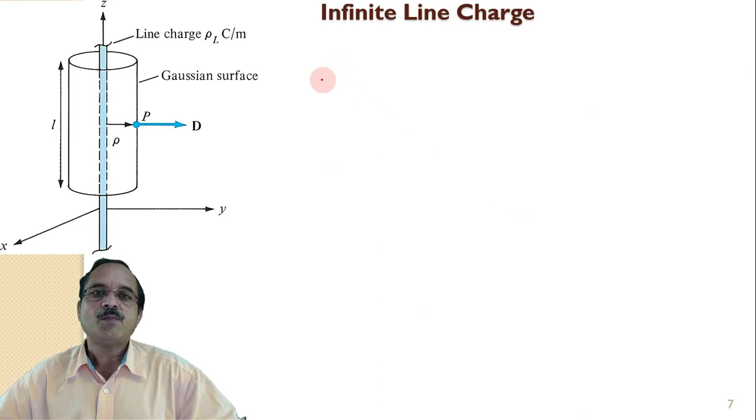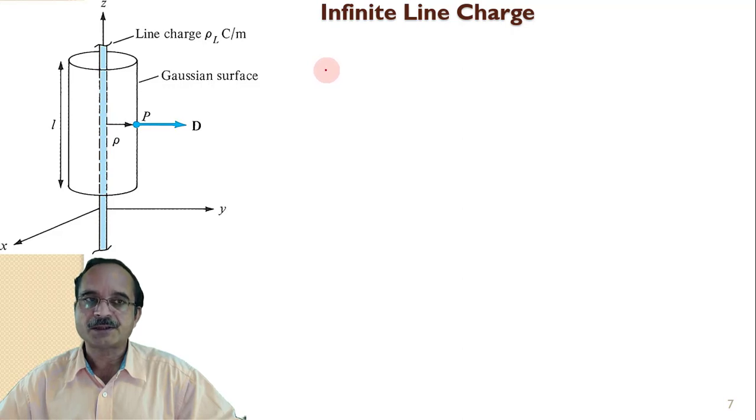Now, similar to the point charge, let us assume an infinite line charge lying along the z-axis. For simplicity, we will assume the charge of length L, with a charge density of rho L coulomb per meter.